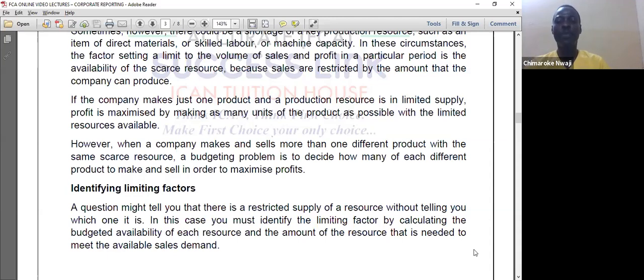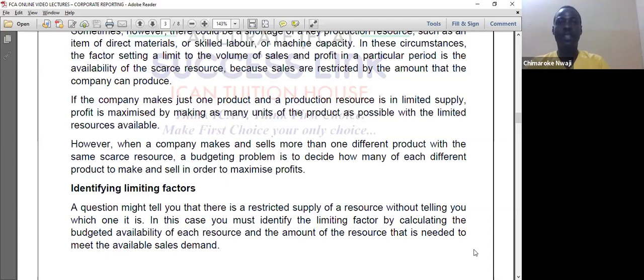But when you are not told specifically which one is the limiting factor, then you must identify it by calculating the budgeted availability of each resource and the amount that is needed to meet the available sales demand. This is what I mean.